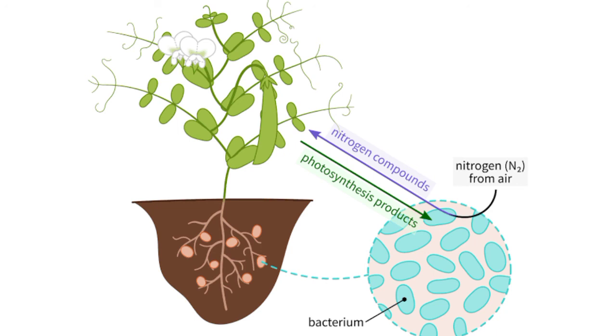Here also we can see a symbiotic relationship between rhizobium bacteria and the plant. The plant will provide food for the rhizobium bacteria, and in turn rhizobium bacteria will provide minerals and necessary nutrients for the plant.